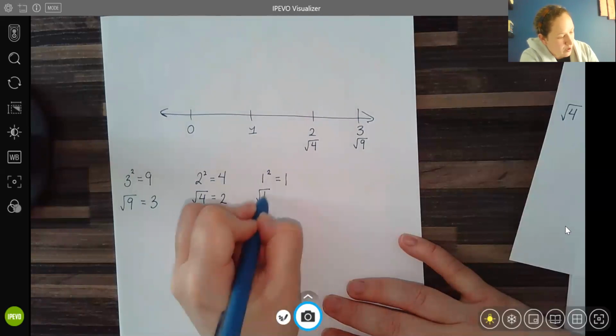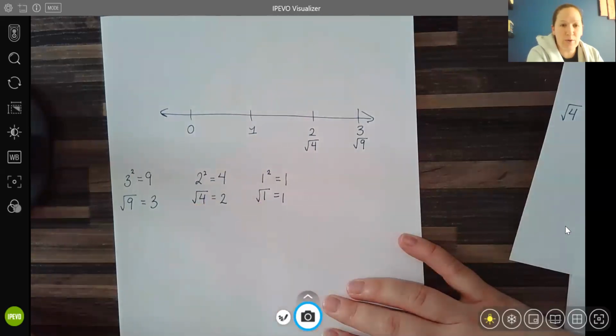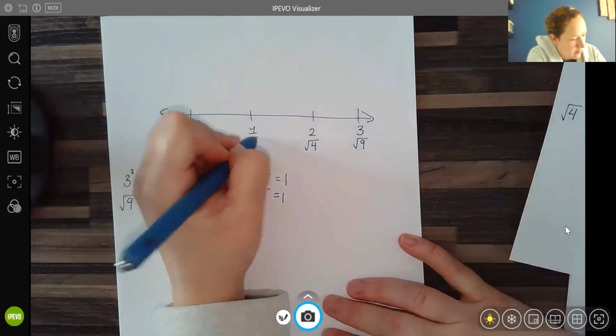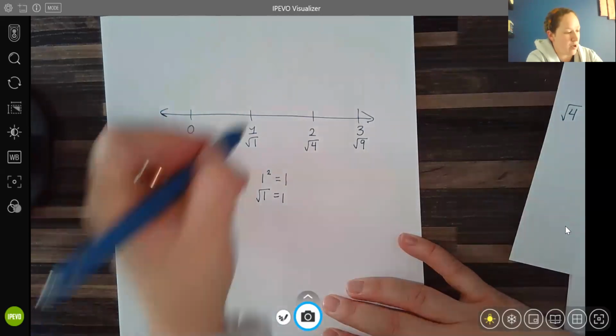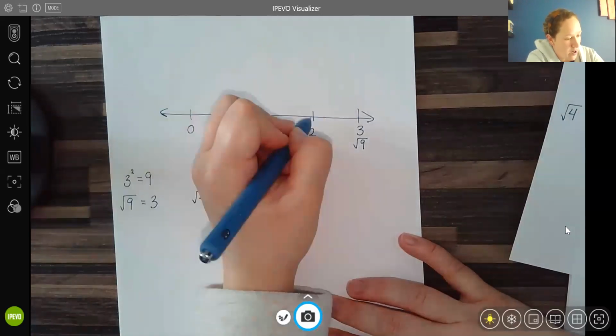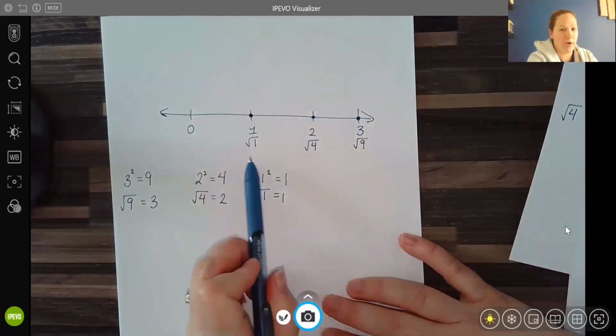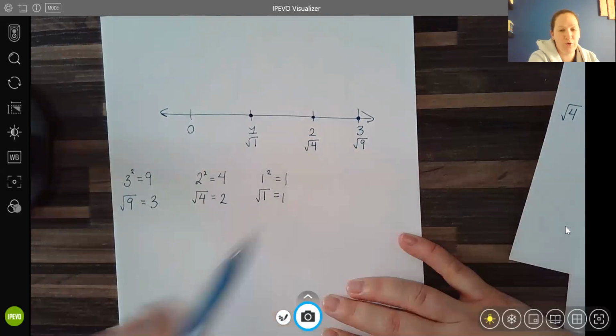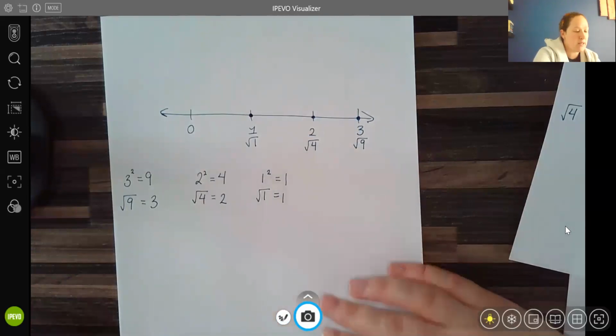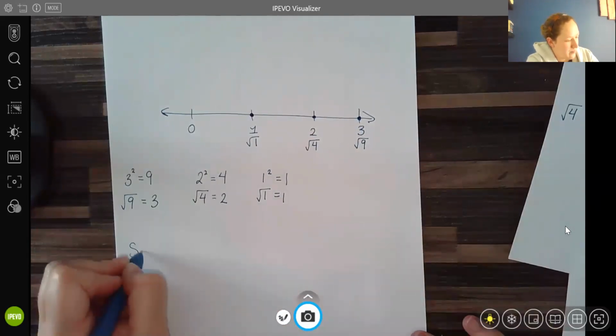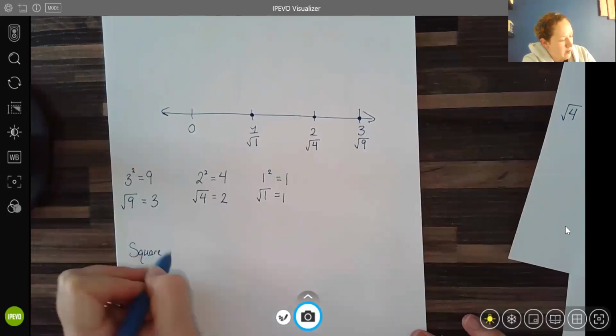So the square root of 1 equals 1. So those go in the same place on my number line. So now I've graphed 3 different numbers, the square root of 1, the square root of 4, and the square root of 9.